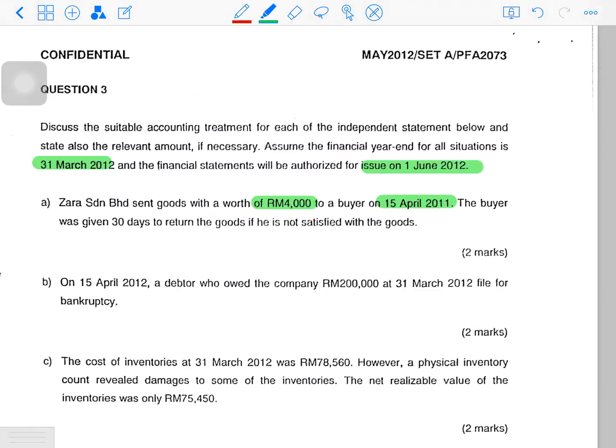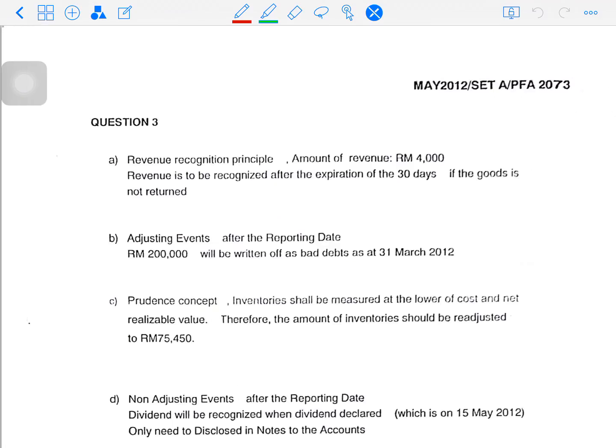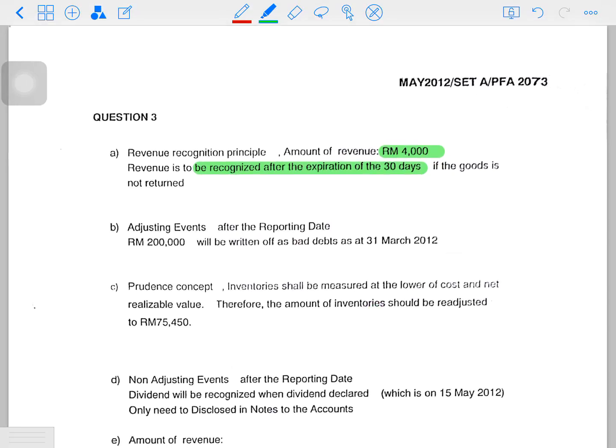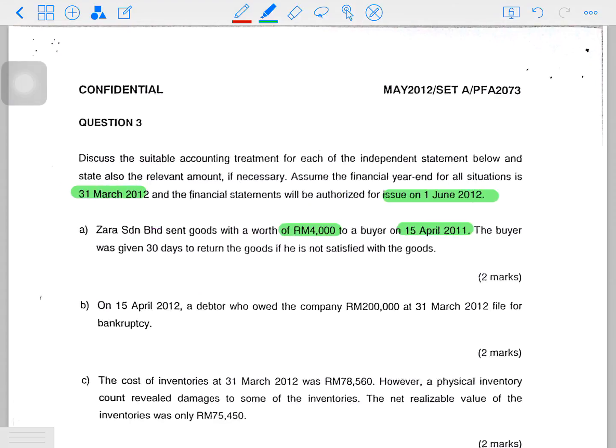Okay, kalau you tengok kat sini, revenue recognition principle, revenue amount would be 4,000. Revenue to be recognized is after the expiration of 30 days. Boleh juga, actually exact date after 30 days lah. Okay.